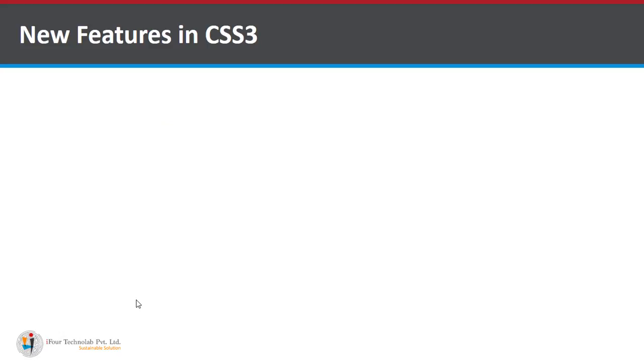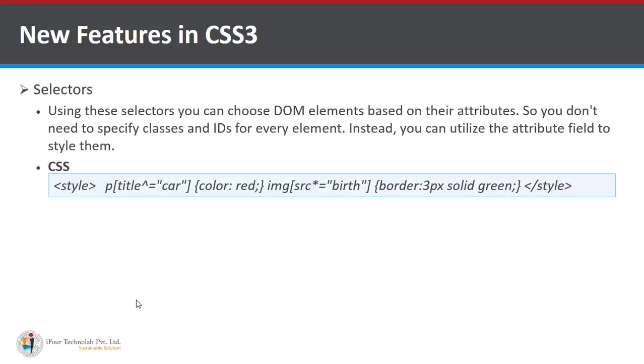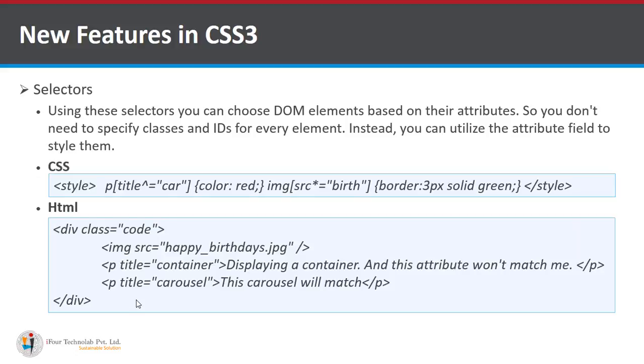In CSS 3, let me show you selectors. Using these selectors you can choose DOM elements based on their attributes. So you don't need to specify classes and IDs for every element. Instead you can utilize the attribute field to style them. For example, you can see here, your HTML will be like this.